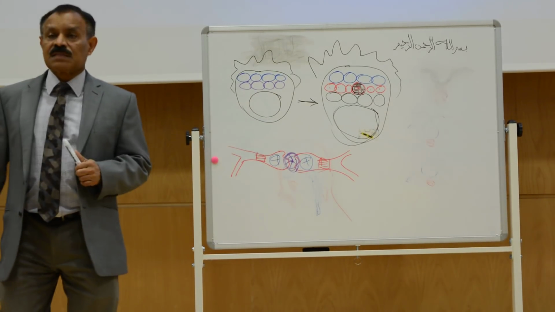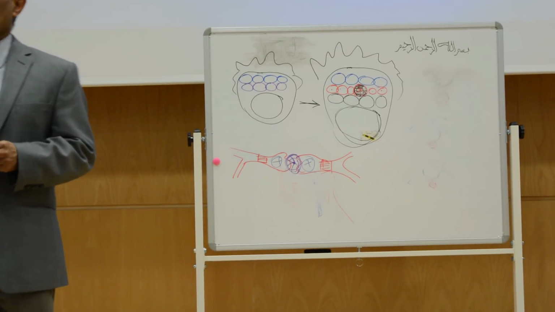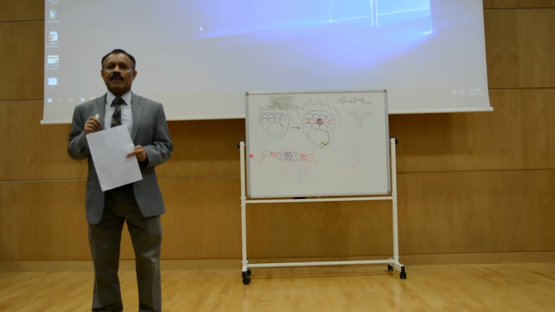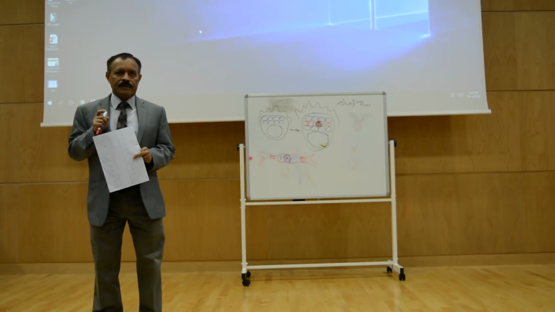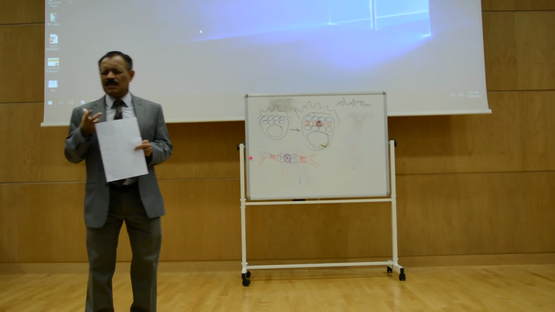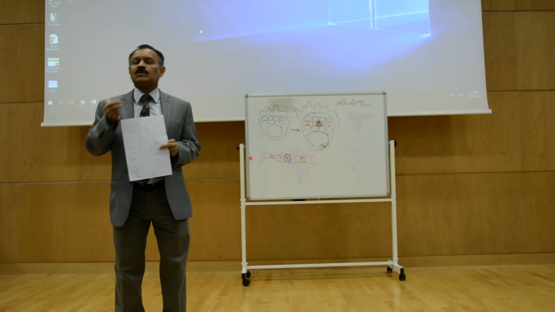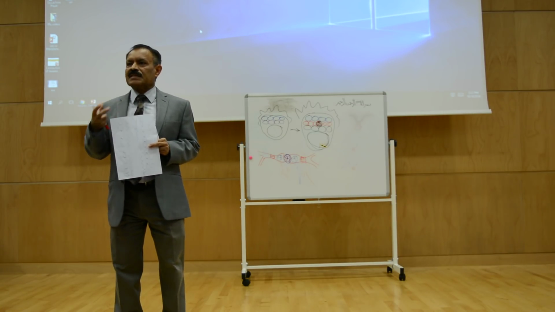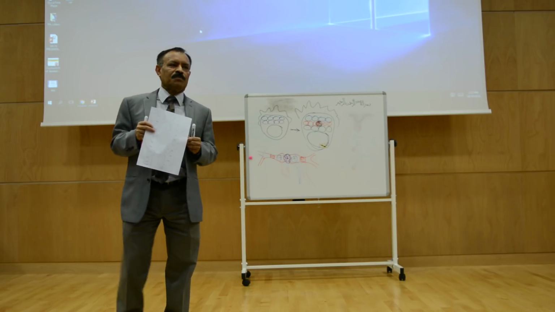This mesoderm is important for the genitourinary system, the kidney. Why genitourinary? The genital system means ovary and testes. Ovary and testes also come from the intermediate mesoderm.